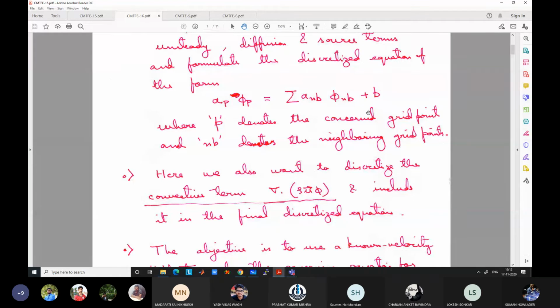We know that we can solve this form either using TDMA for a 1D problem or line by line TDMA for a 2D or 3D problem, or the Gauss-Seidel method, or the Jacobi method, or any of the other methods. So basically we know how to solve if we can develop the discretized equation in this form. So our aim is always to develop the discretized equation of this form.